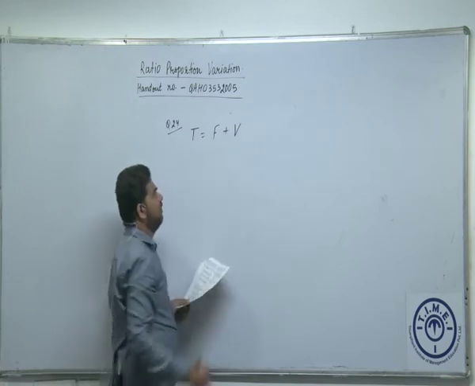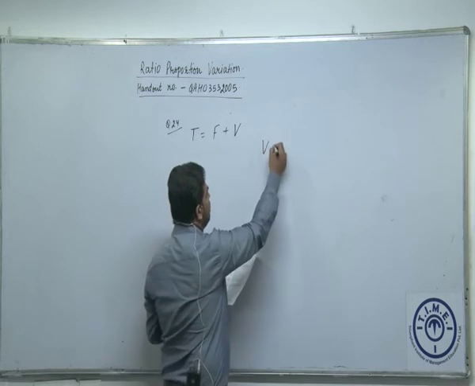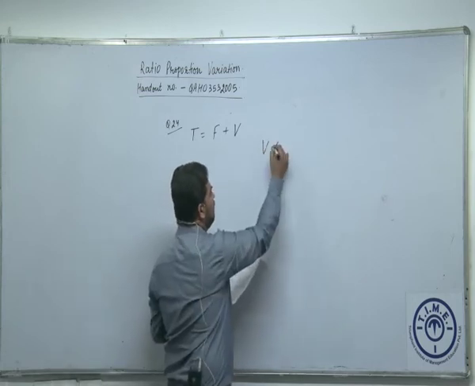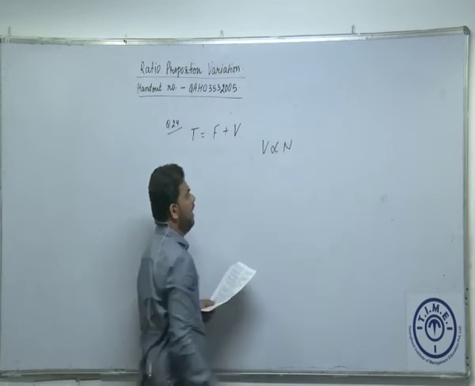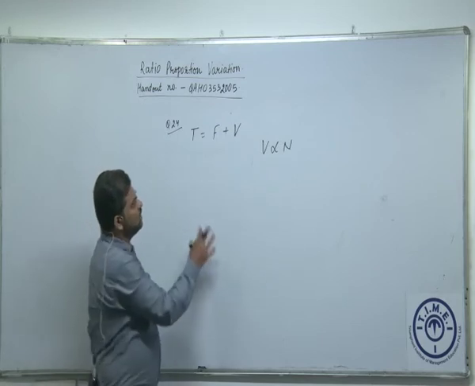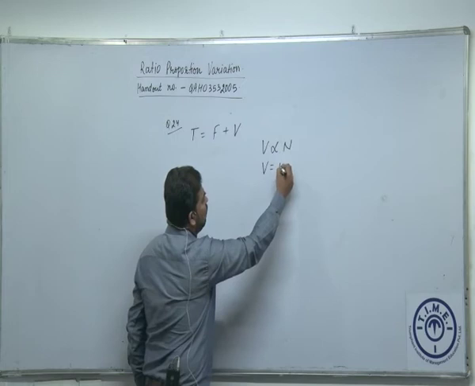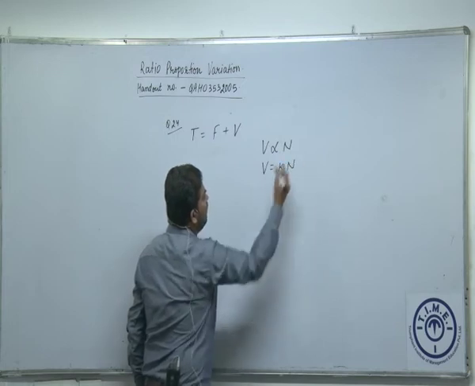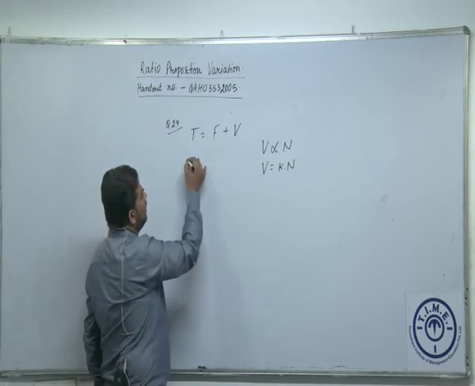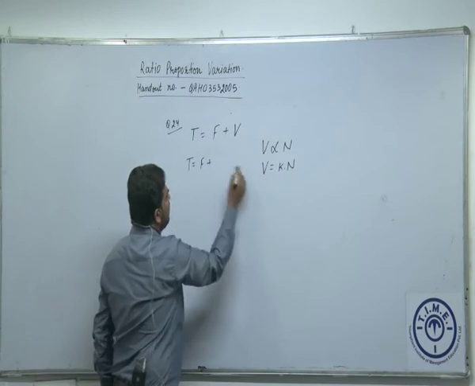So let's say that variable part is V. Now this variable part varies directly with the number of occupants. Let's say n is the number of occupants. So let us first try to make an equation. Can we say V will be equal to some constant multiplied with n, right? And if I put the value here, I will get total is equal to F plus, instead of V, we can write K into n.